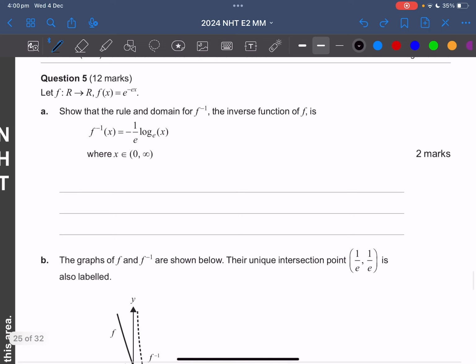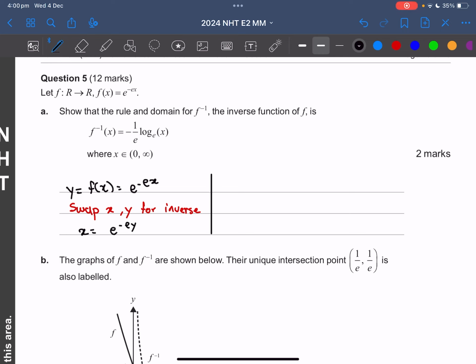So we'll say that y equals f of x equals e to the power of minus ex, and then we swap x and y for the inverse. So we'll say x equals e to the power of minus ey. So then we'll have log base e of x equals minus ey, and then y equals minus 1 on e log base e of x.